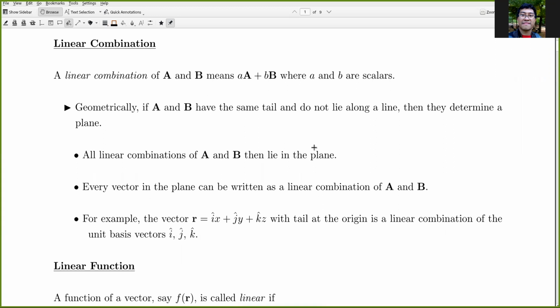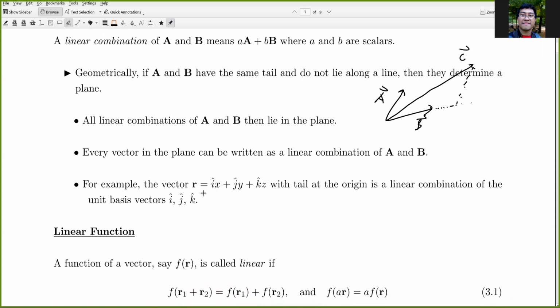This could be easily demonstrated. Let's say this is your vector A and this is your vector B. Any random vector, let's say vector C, could be written as a linear combination of A and B, some multiple of A plus some multiple of B. That should give you C, any random vector.